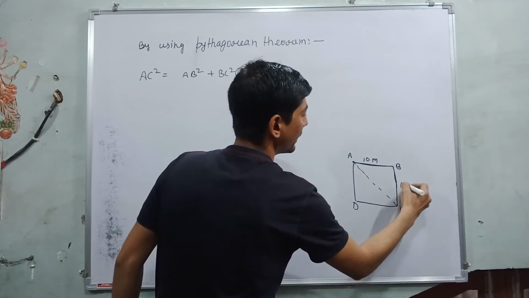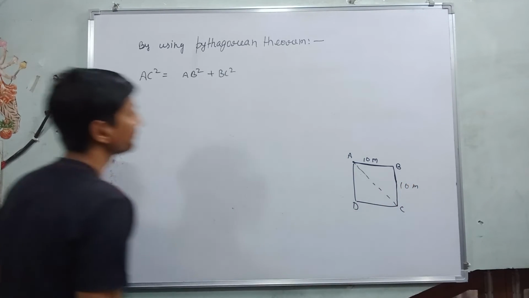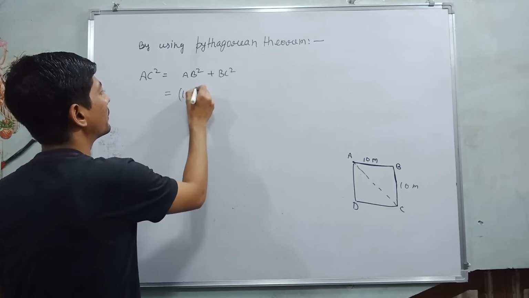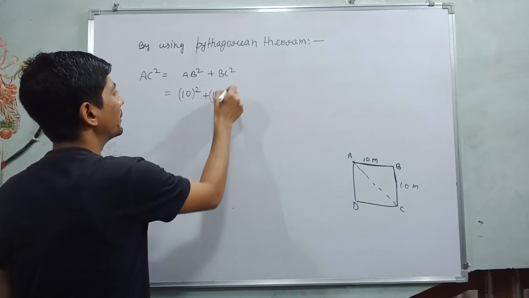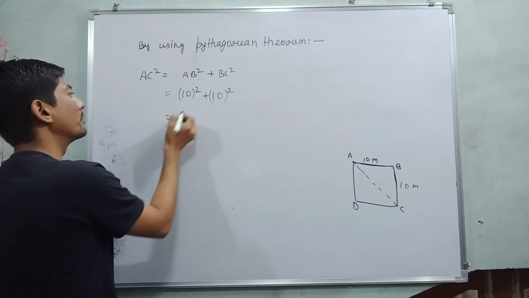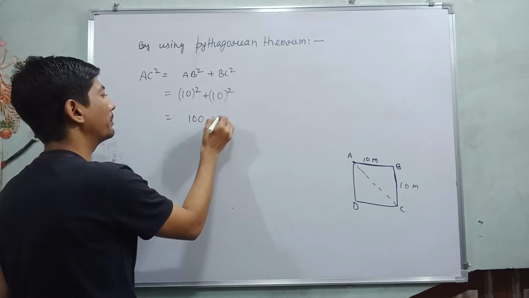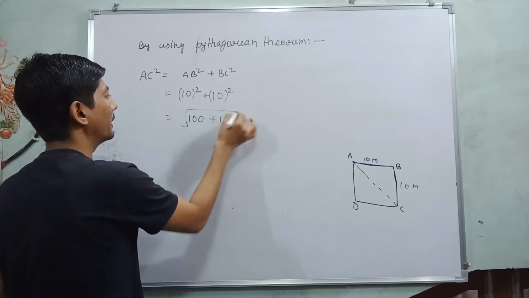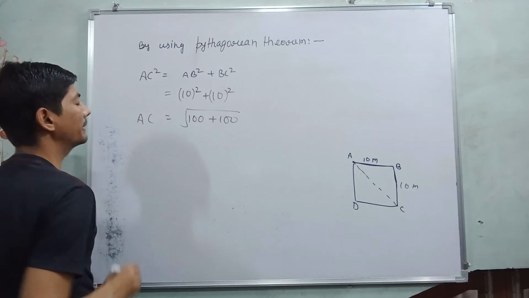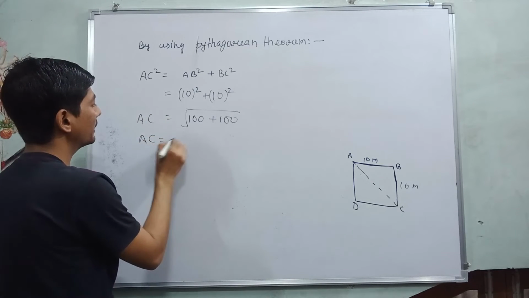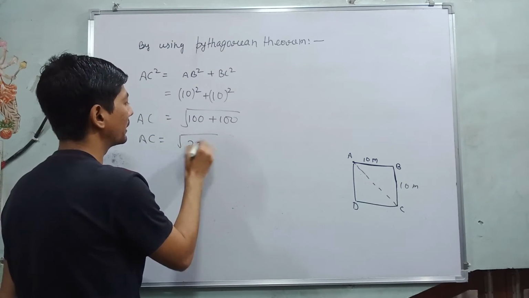Because it is the side of a square, it will be 10 meter. So it will be 10 meter whole square plus 10 meter whole square, which is 10 square 100 plus 10 square 100. Apply the square root for AC. So AC is equal to square root 200.